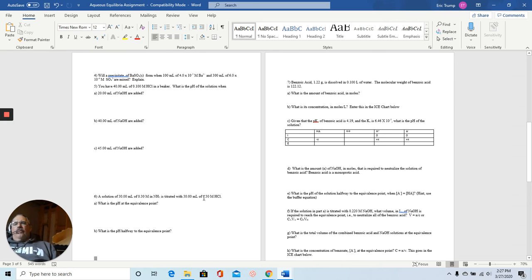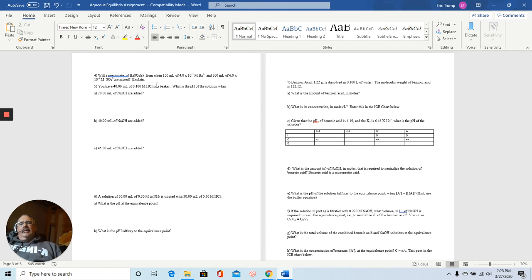Okay, question number 4. Will a precipitate of barium sulfate form when 100 milliliters of 4 times 10 to the minus third molar barium and 300 milliliters of 6 times 10 to the minus 4 molar sulfate are mixed? If you just say yes or no, there's no credit.